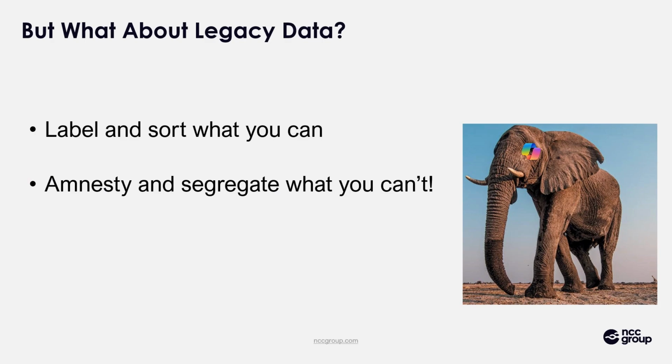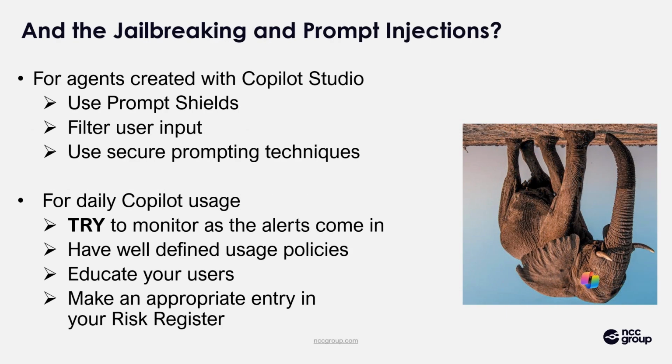But what about legacy data? Well, unfortunately, you just have to label and sort what you can and draw an amnesty on the things that you can't and segregate away appropriately. And with the jailbreaking and prompt injections, unfortunately, for agents created with Copilot Studio, there are some things that we can do.